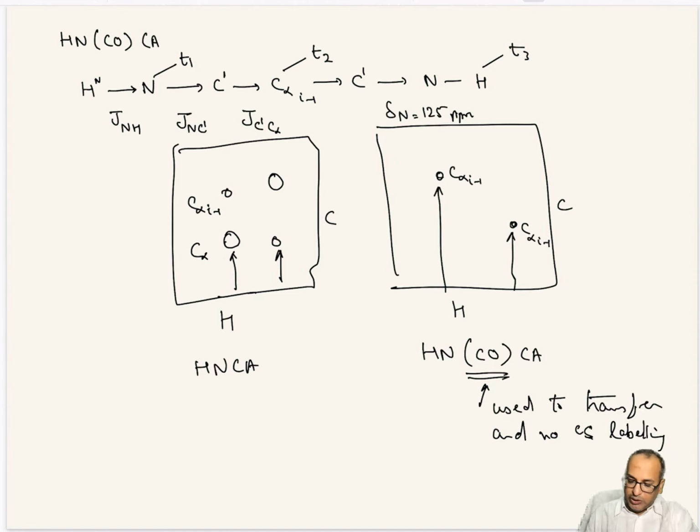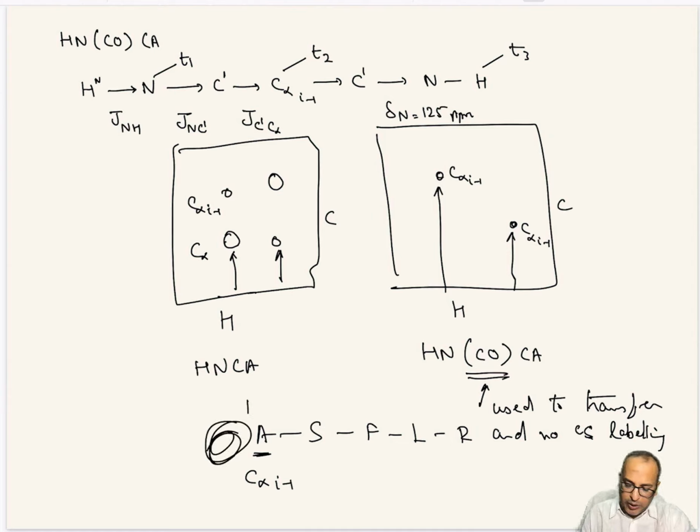So for example, if you have a sequence, let's say A, S, F, L, R, A, at this point there would not be any C alpha I minus 1 signature because there is no amino acid at the start. So this is your N terminal. If you reach the N terminal, you don't have any C alpha I minus 1. So in the HSQC or HNCA experiment you will get only a single peak there, right?